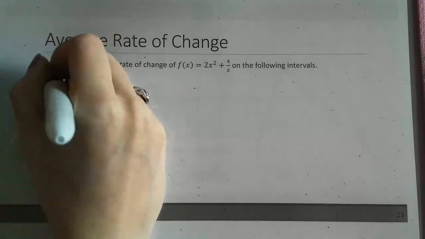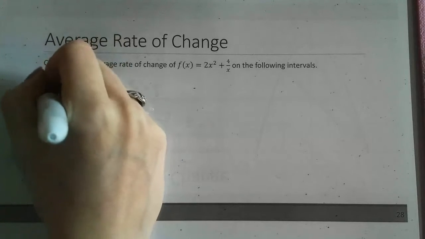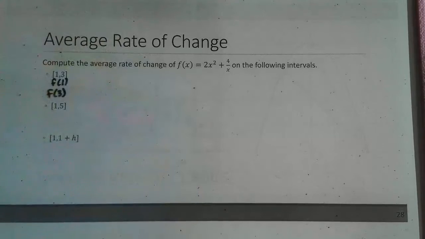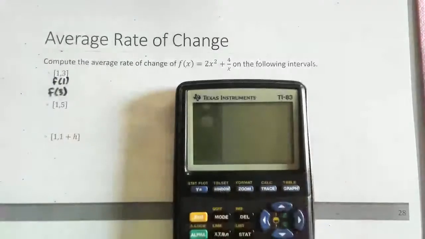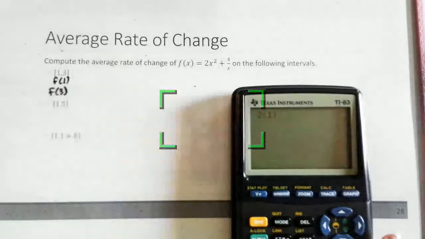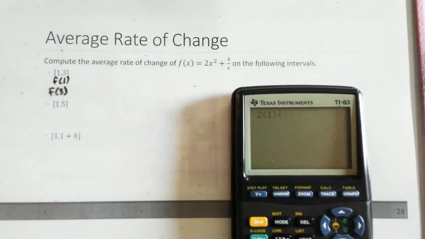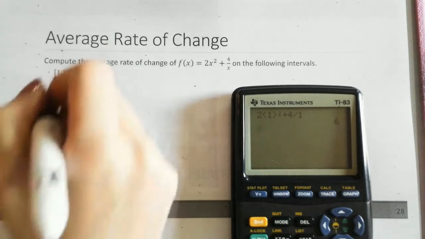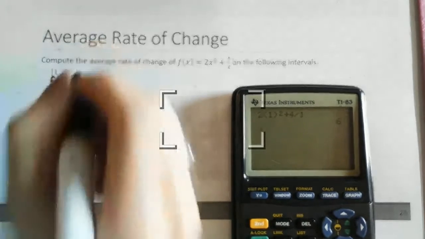First up, I need to know f of 1 and f of 3. So I'm going to start by plugging 1 in. I get 2 times 1 squared plus 4 divided by 1. That gives me 6. So f of 1 is 6.